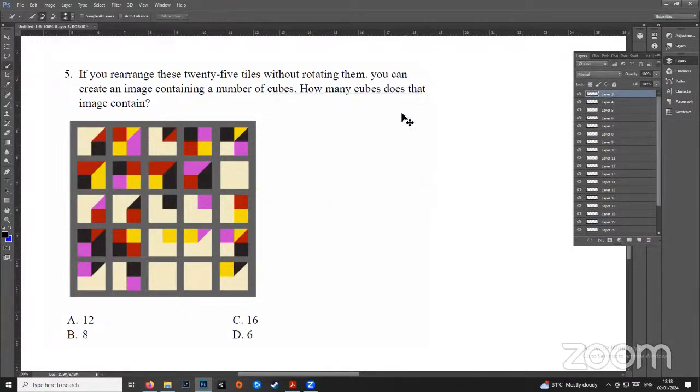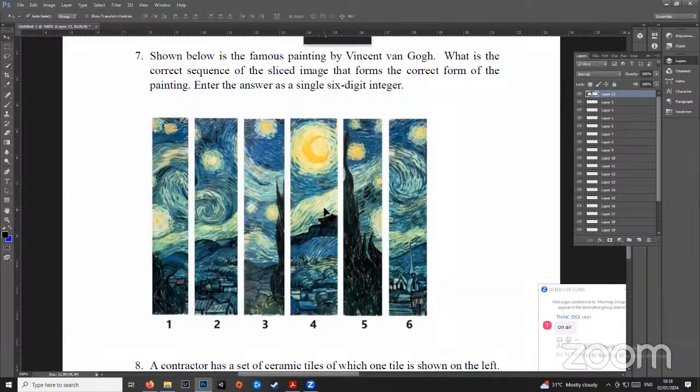Sorry about that. And very quickly show you the answer. So I think the answer would be it will start from 3, then 5, then 1, then 6, 2, and 4. So 3, 5, 1, 6, 2, 4 is what I feel would be the correct answer.